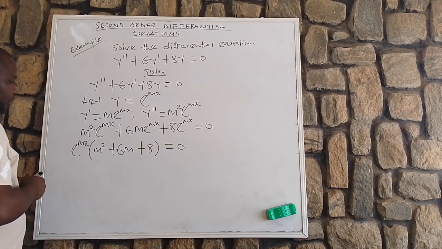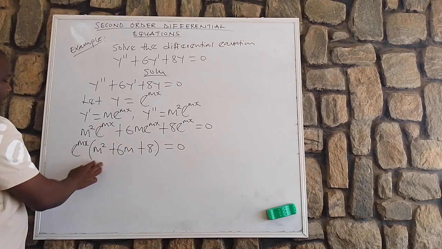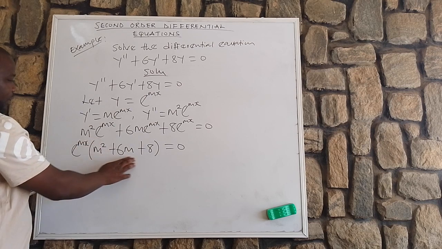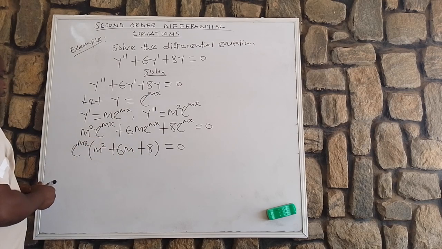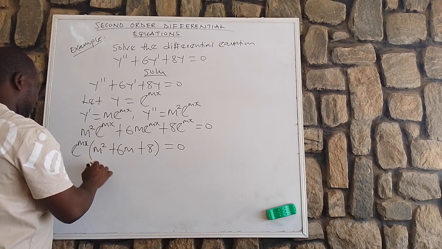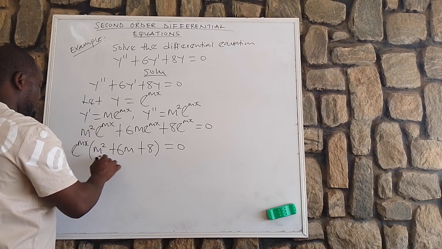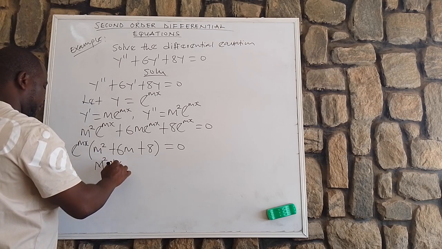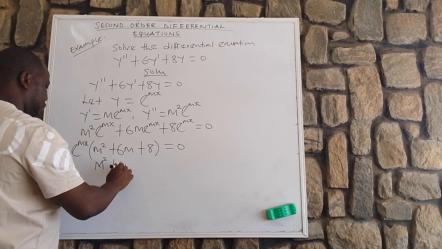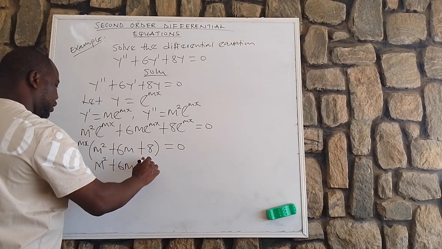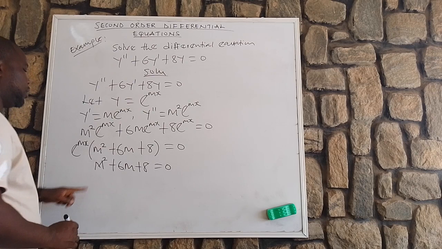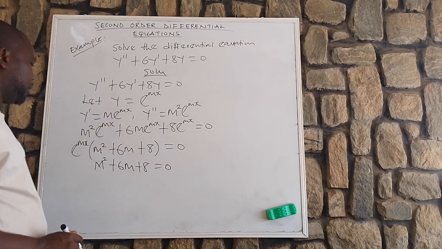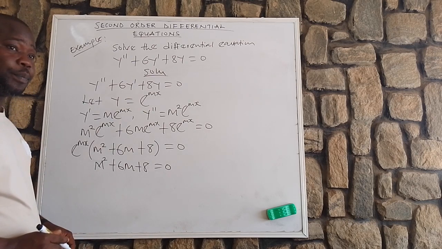So now, look at it. We have reduced this to a quadratic equation, and this equation is called the auxiliary equation. This is the auxiliary equation, equals to 0. Is that clear?